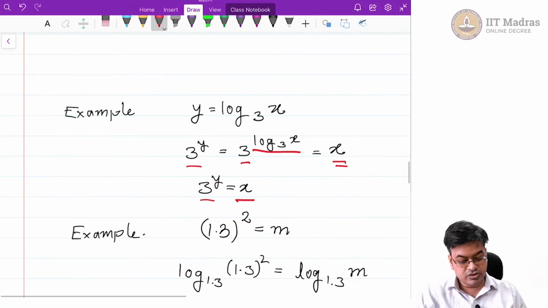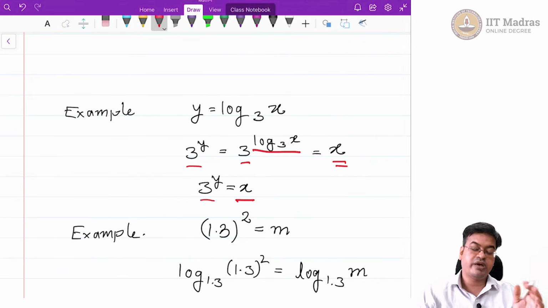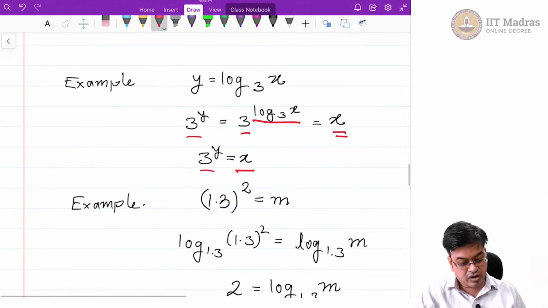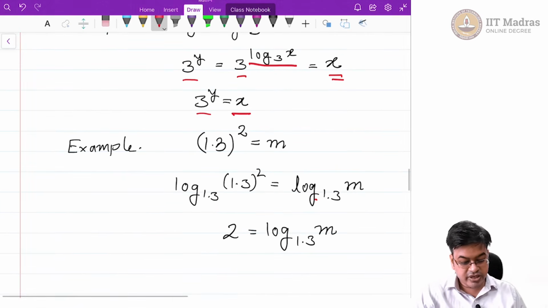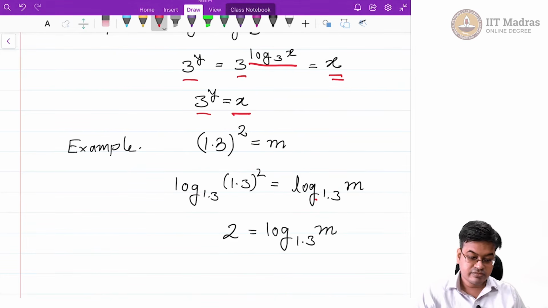Now, how does this help in your calculations? Suppose 1.3 raised to 2 is equal to m, and you want to identify this m. Then you can take the log, which is the inverse of this, and equate the two, and what you get here is 2 being equal to log to the base 1.3 of m, right?